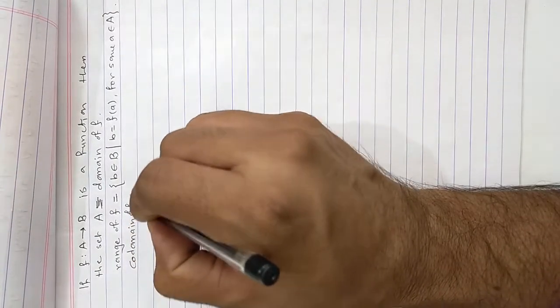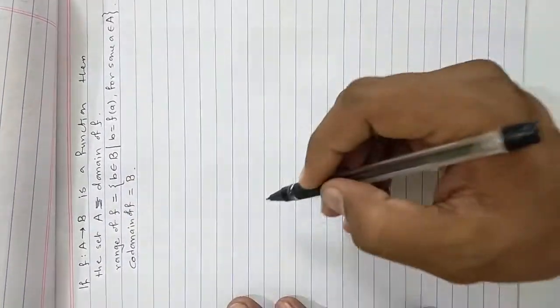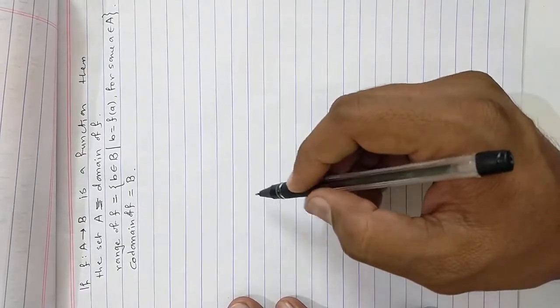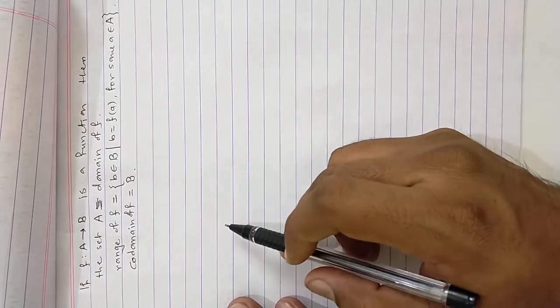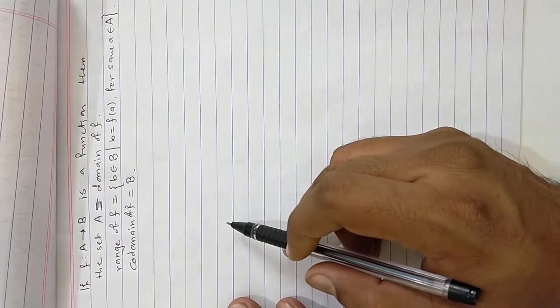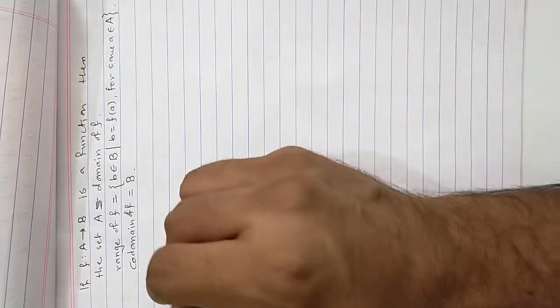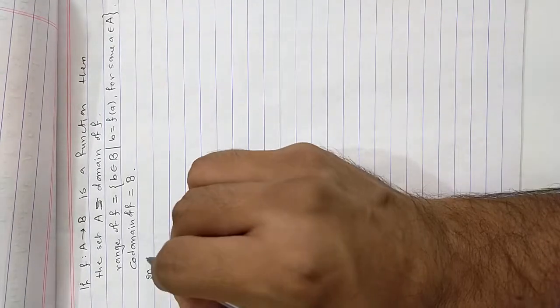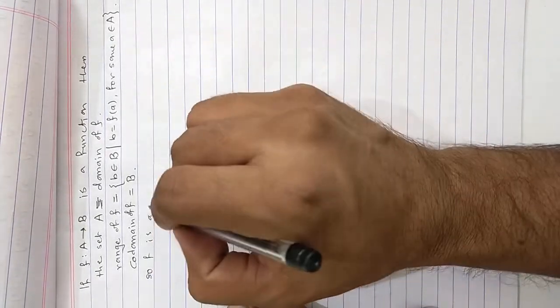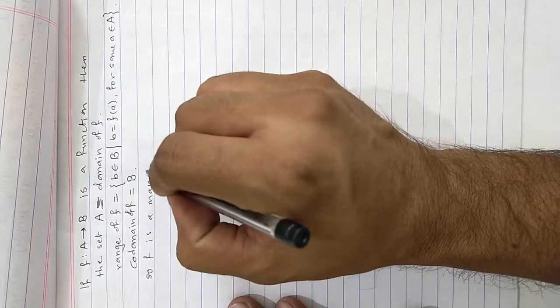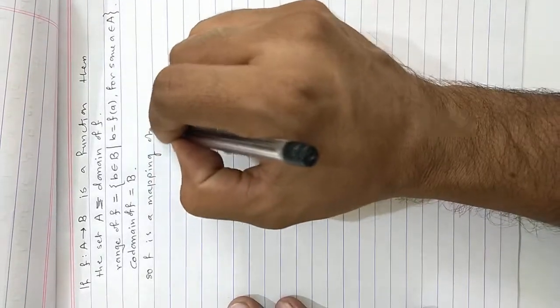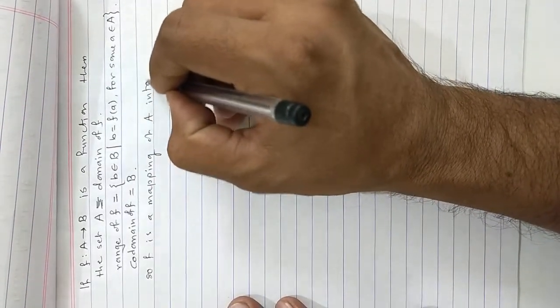Codomain of f is the set B. So then we can say that f is an into function, or a mapping of A into B.